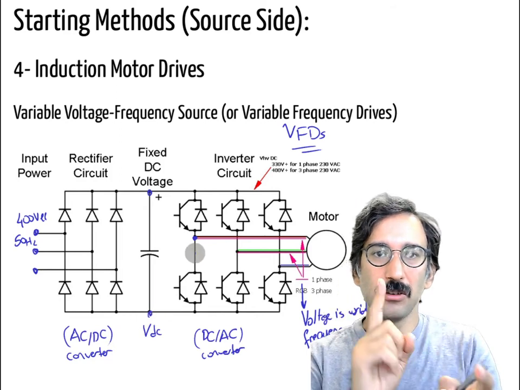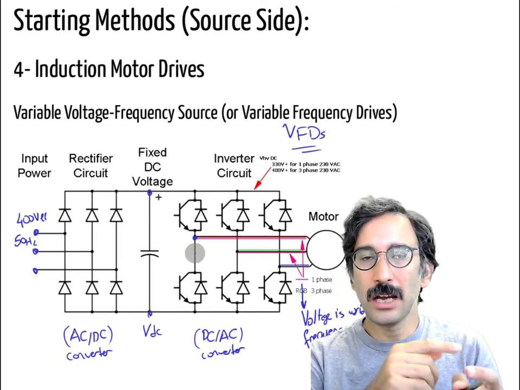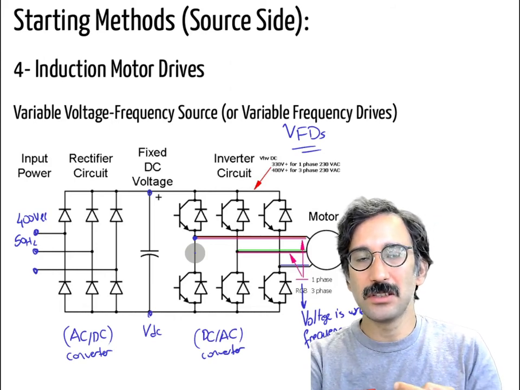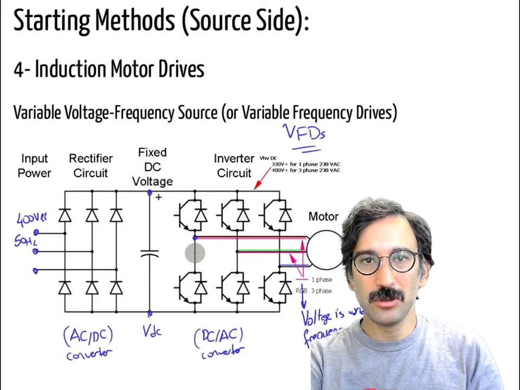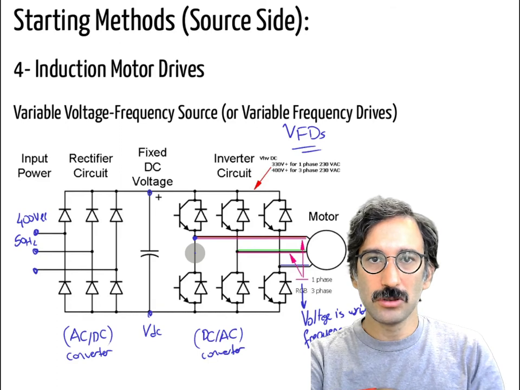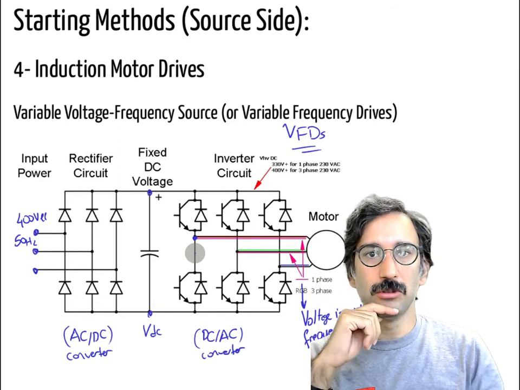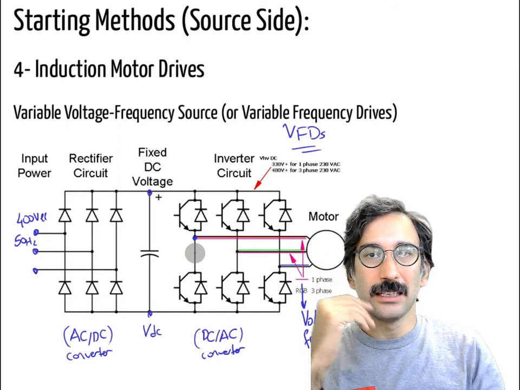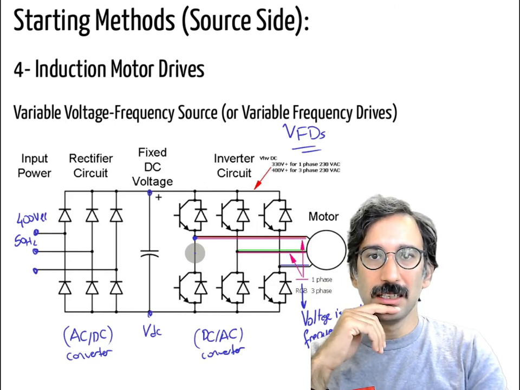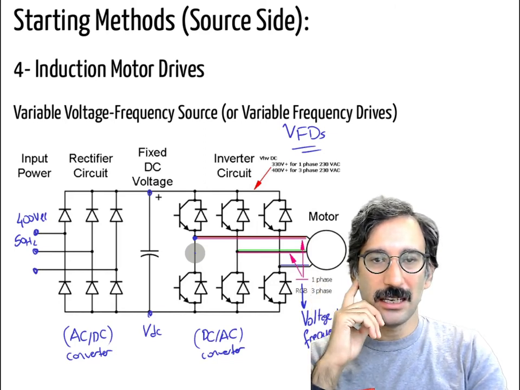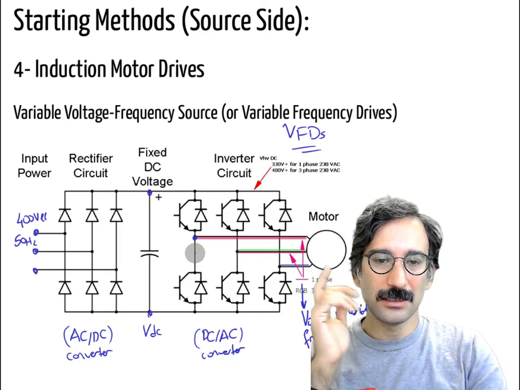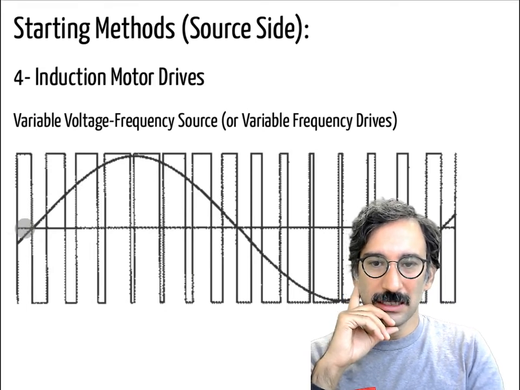Depending on how much on and off you have, it is like the PWM controllers in DC motors. So you can control the duty cycle, and you can adjust the output DC voltage. Here it is the same, but the duty cycle is constantly changing. So it is like that.